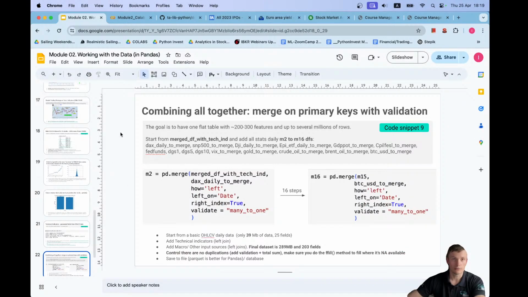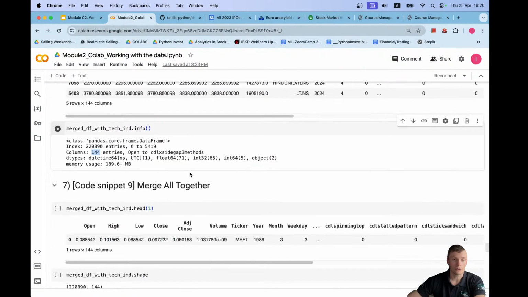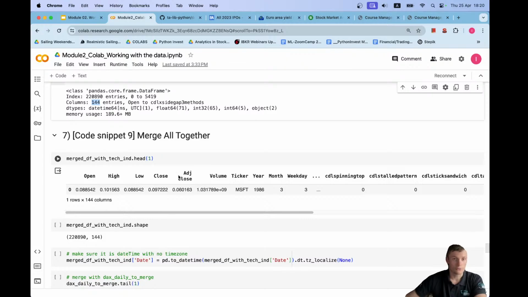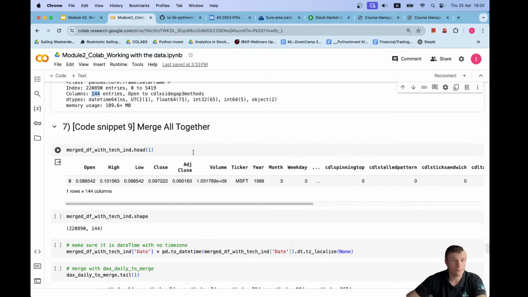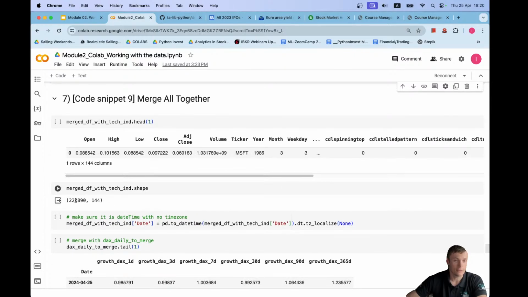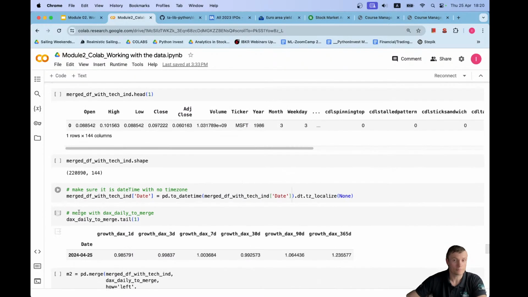Okay, let's check what we have in the code snippet. I won't go through all of the steps, but the idea is as follows. We have mergedf with technical indicators, 144 columns, shape is 220k rows, 144 columns. We need to check that this number is not growing, because if you do joins incorrectly, it can be easily inflated, and then you'll have problems with data consistency.